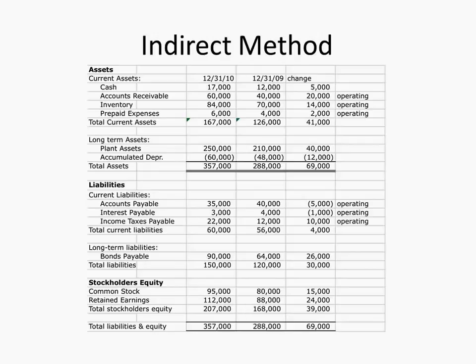You debited prepaid expense and you credited cash. So we can intuitively figure out the rule. When an asset goes up, cash goes down. That's how we can arrive at how these behave for cash flow purposes. When assets go up, cash goes down.